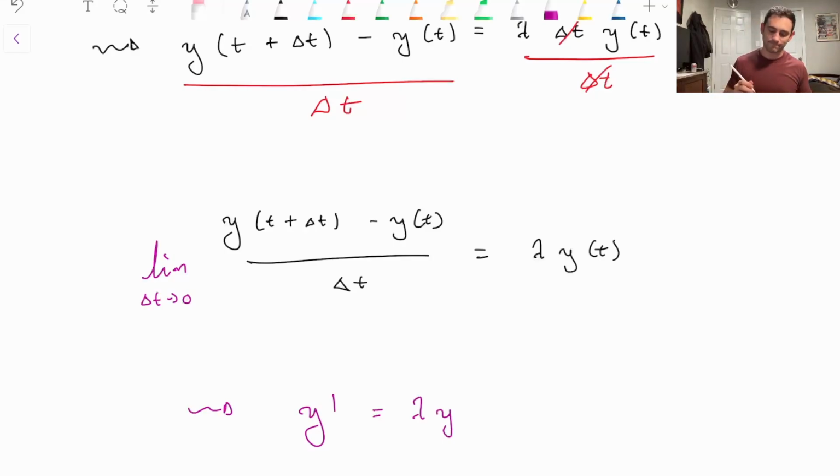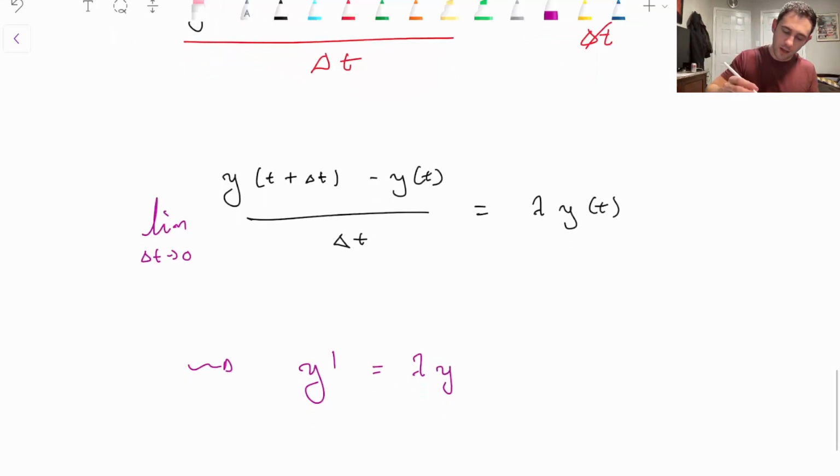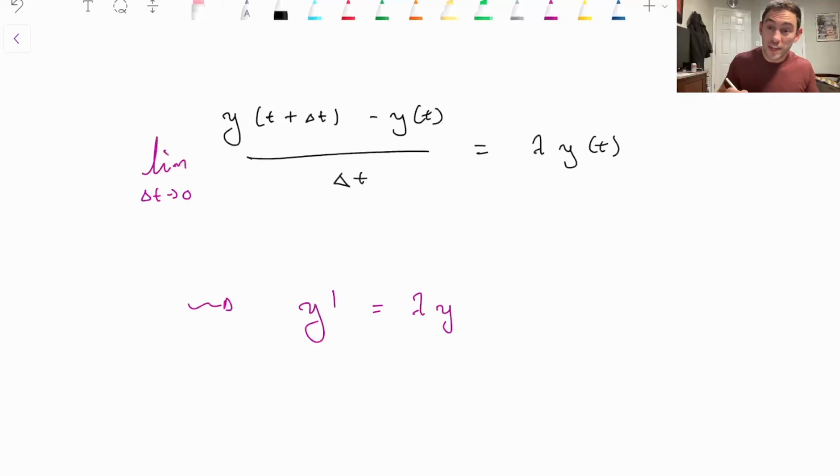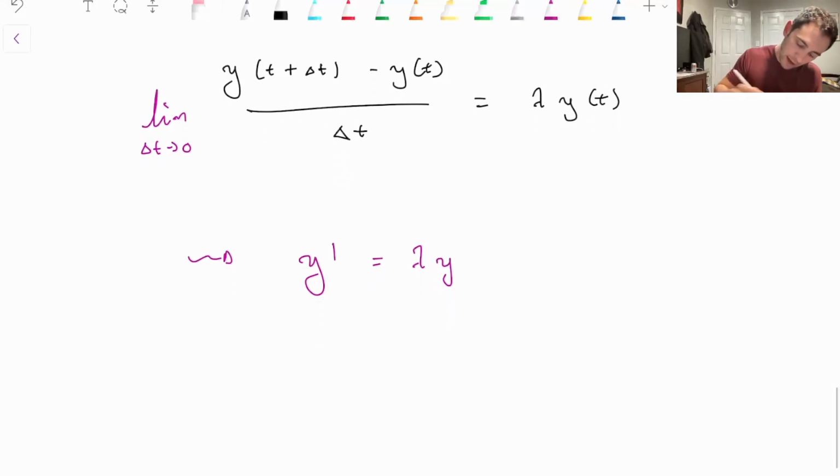So I have developed what we call the Malthusian growth law.